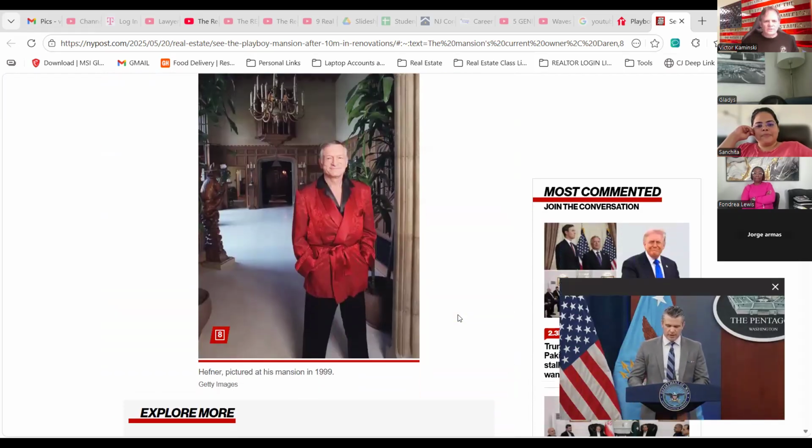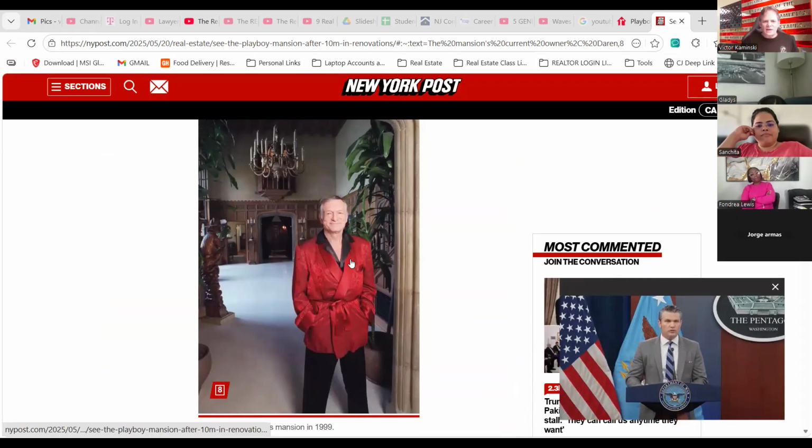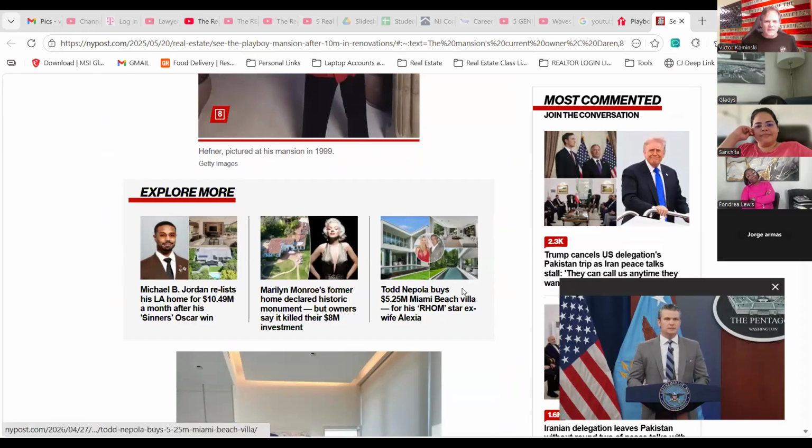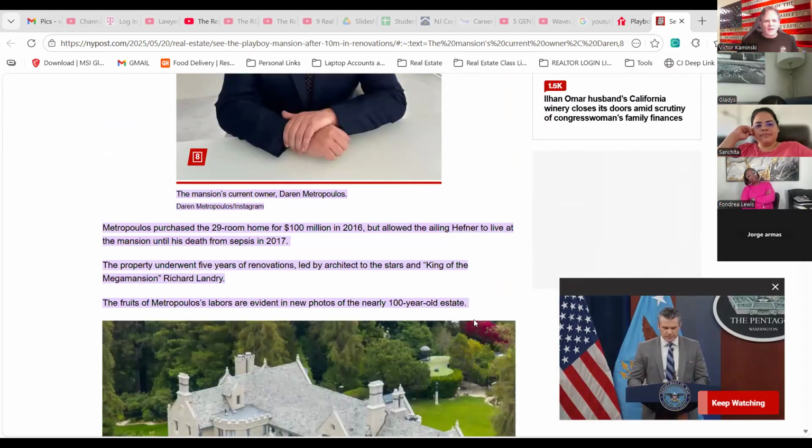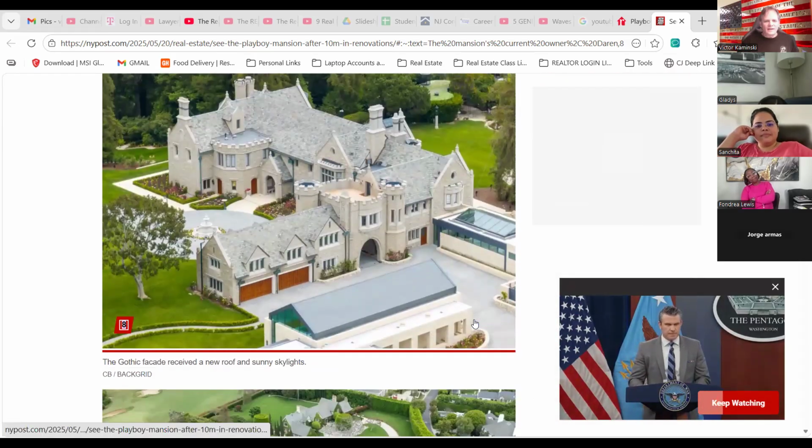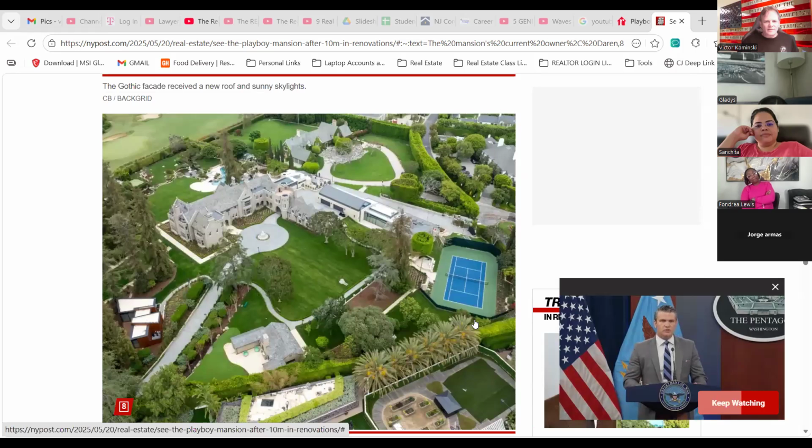There was Hugh Hefner when he was alive, always in his silk underwear, in his silk robe, in the Playboy Mansion. Doesn't look that bad from the pictures, but you should see some of the other rooms. There's the tennis courts.